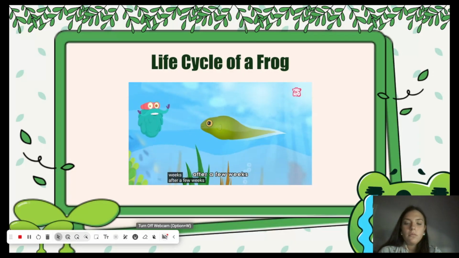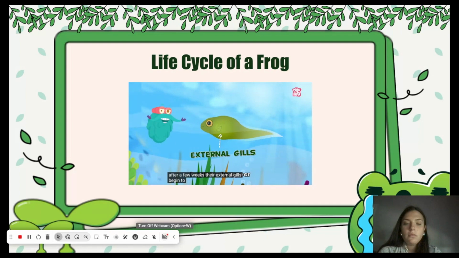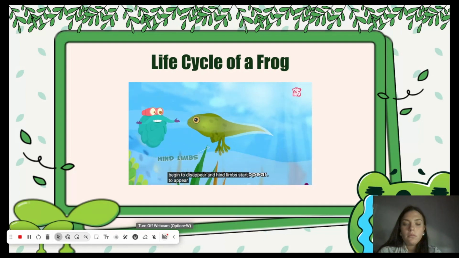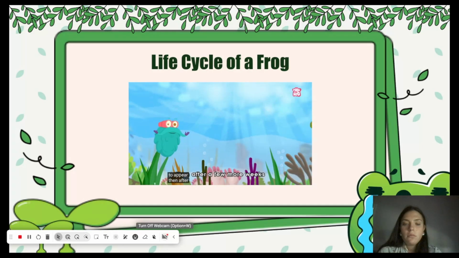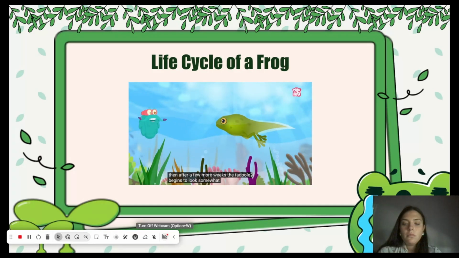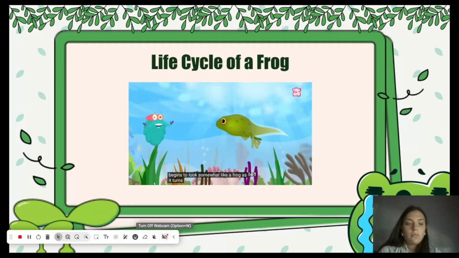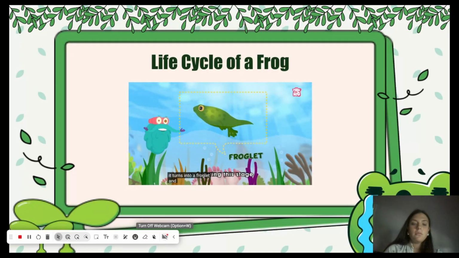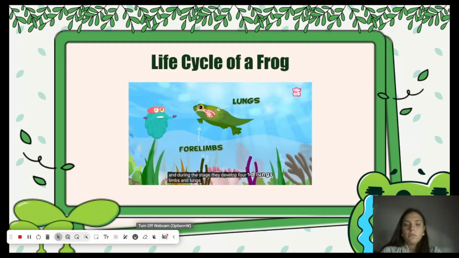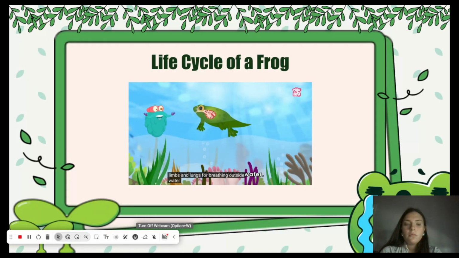After a few weeks, their external gills begin to disappear and hind limbs start to appear. Then, after a few more weeks, the tadpole begins to look somewhat like a frog as it turns into a froglet. And during this stage, they develop forelimbs and lungs for breathing outside water.